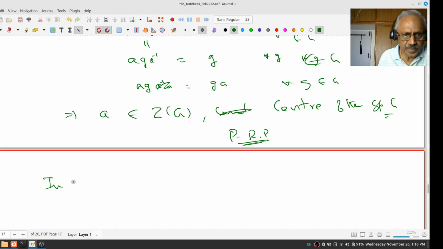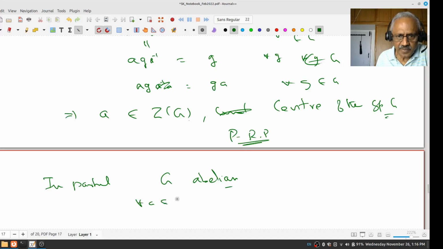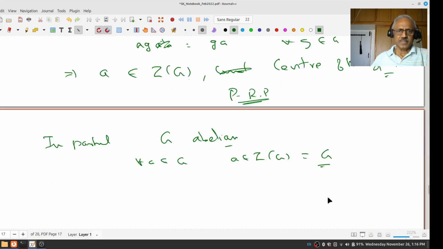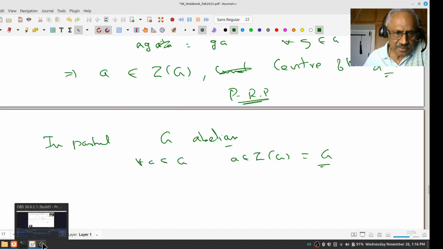In particular, suppose G is abelian, then every a in G is in the center, because the center is the group itself. Therefore, again in the abelian case, these maps f_a are not going to be any different. We will again get the same identity isomorphism. Is that all right? Okay.